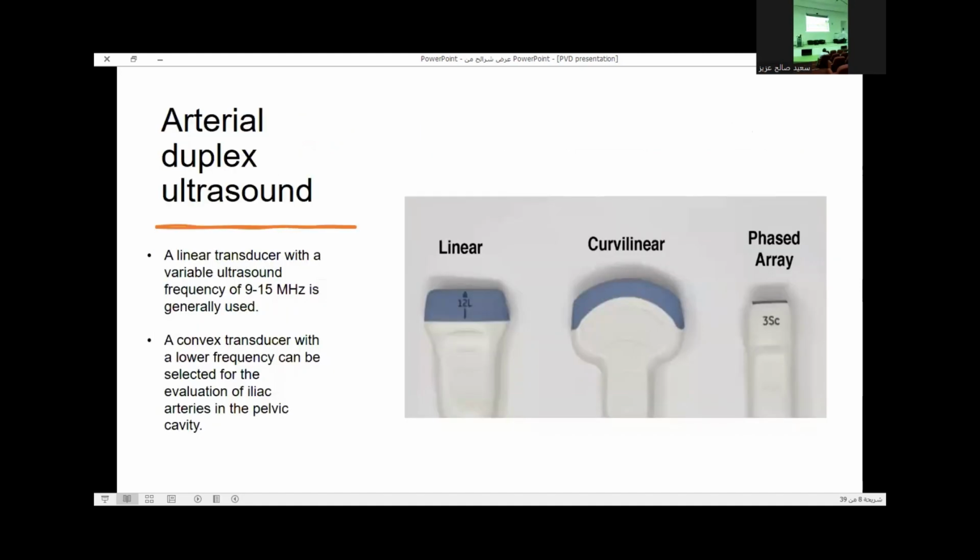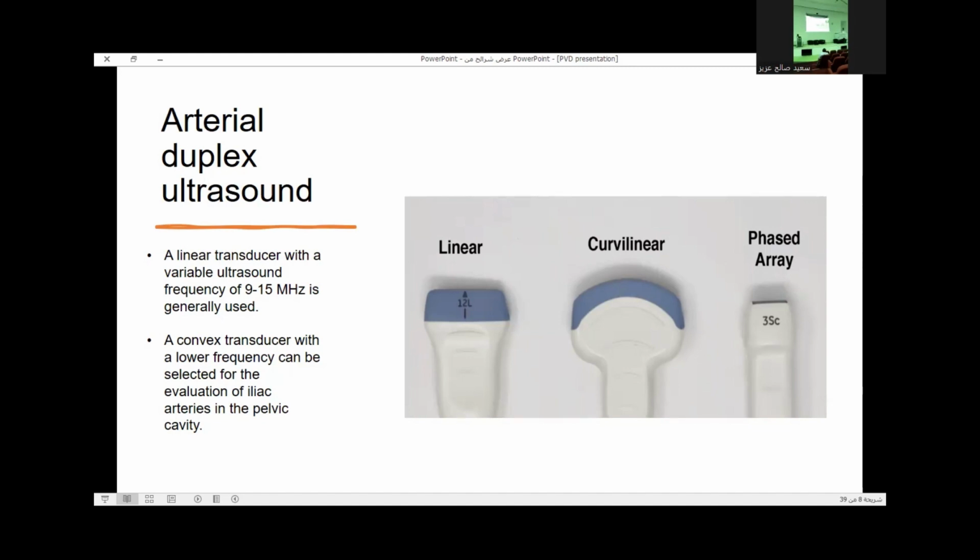We usually use specific types of probes to evaluate the lower limb arteries. Most patients are evaluated by a linear probe with a frequency of 9 to 15 MHz, but sometimes we need to use a curvilinear probe, especially in obese patients, and also for evaluation of the iliac arteries.